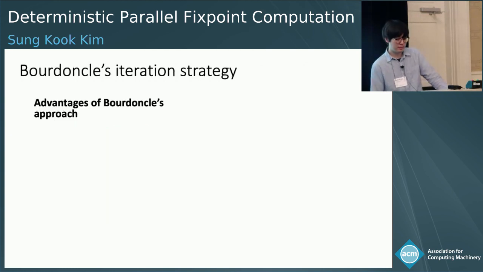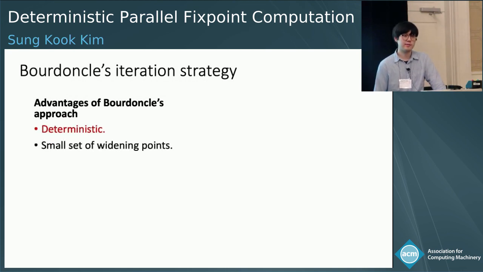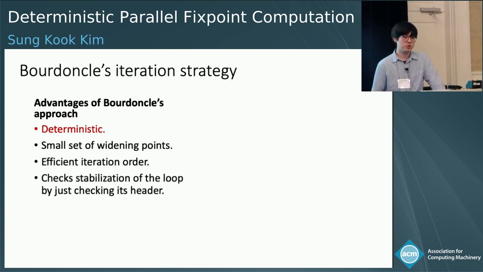Now, Bourdoncle's approach has been implemented in a variety of tools. The advantage of Bourdoncle's approach is that it is deterministic. It has a small set of widening points. It has an efficient iteration order. And it allows you to check stabilization of the loop by just checking its head.